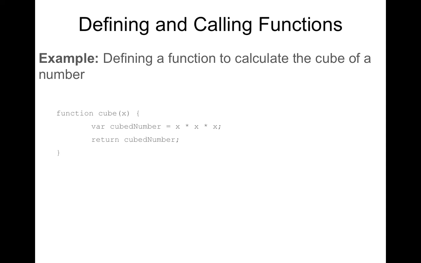Let's look at an example. Here we want to define a function to calculate the cube of a number, so it's just x cubed. Notice we use the function keyword and give it the name cube. In this case, there's just one parameter, which is x.